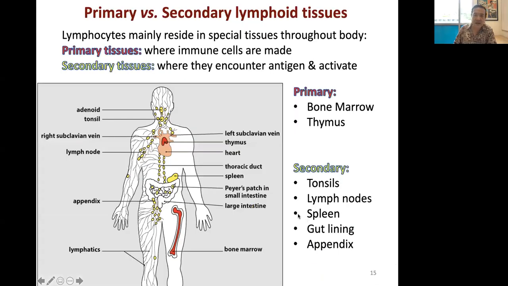Okay, so this is the last slide. Therefore, we have different types of tissues in our body where this battle against pathogens takes place. For the generic general response, that battle can just take place anywhere. It's wherever you get a cut or a breach in your skin or the lining of your GI tract.